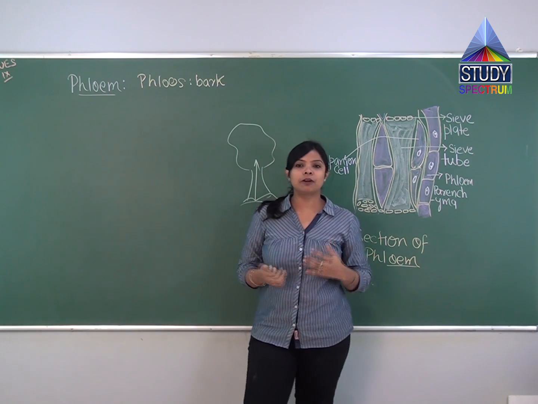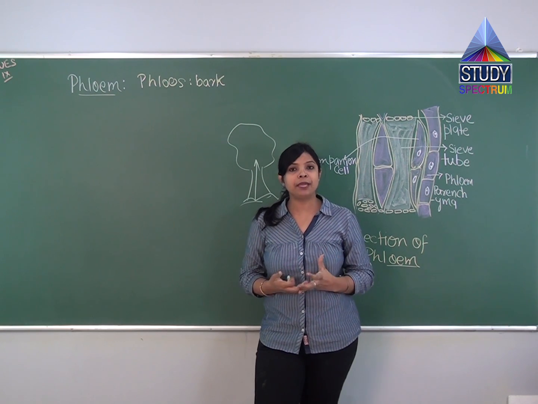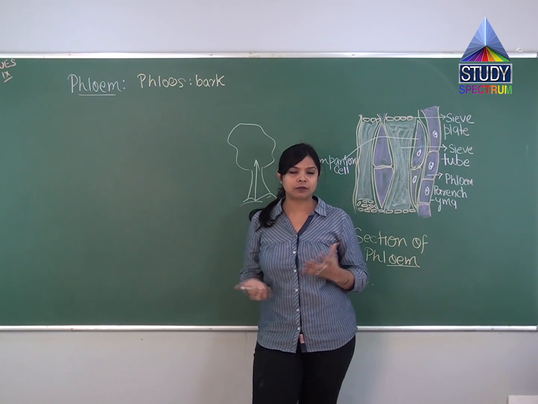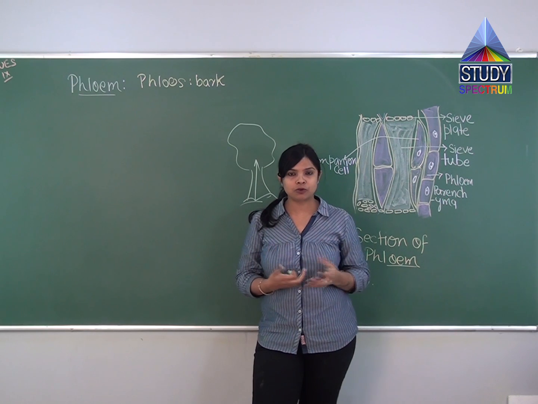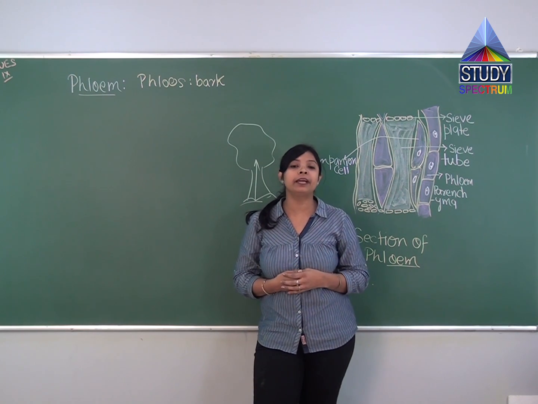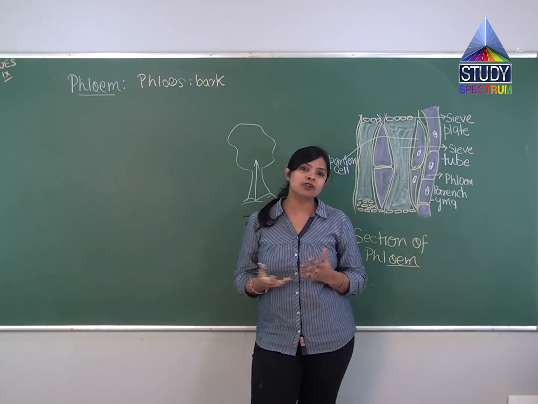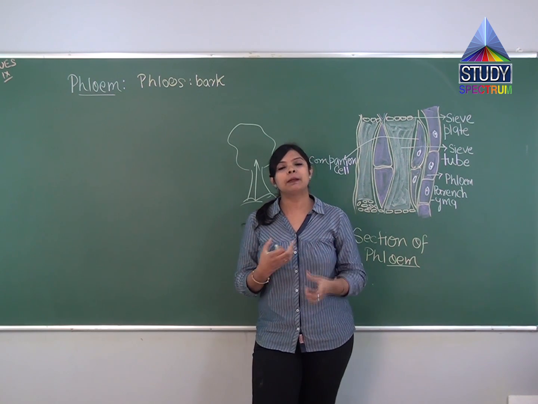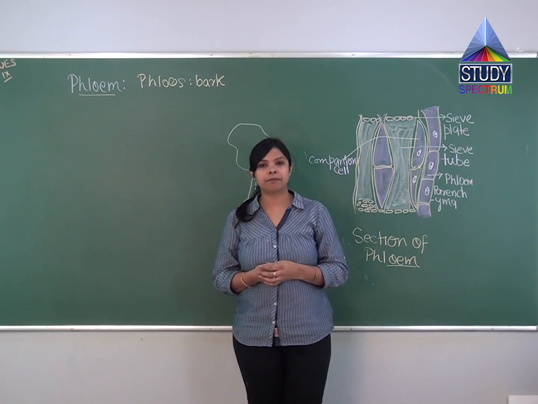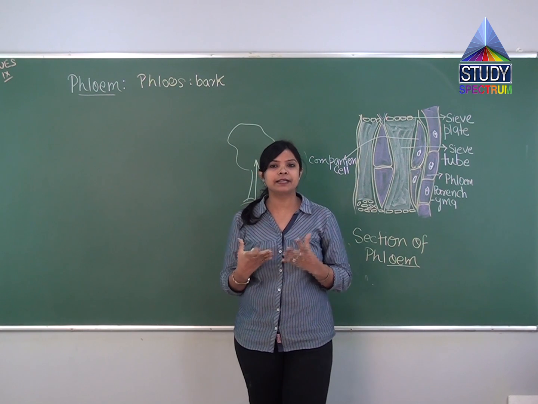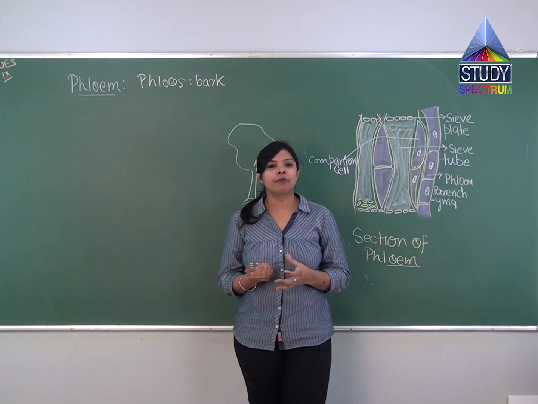Whereas if you talk about phloem, conduction may be bidirectional, meaning all the parts of the plants need food, so they have storage organs where they store food. Other than this, when the growing parts of the plant need food, the food has to reach that particular part. So we can say conduction may be bidirectional in phloem.